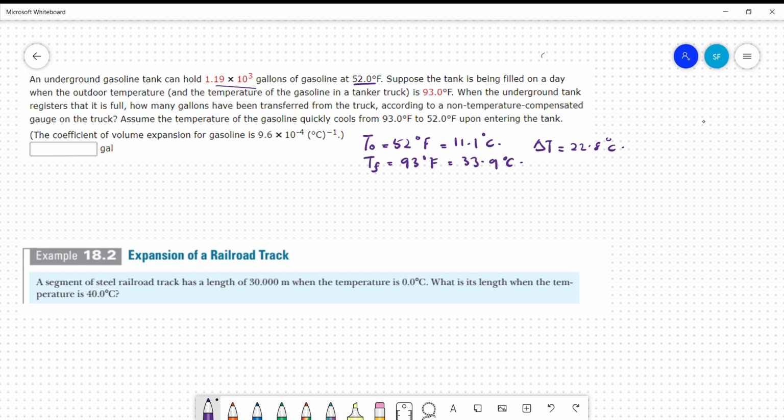Once we fill the tank with the gasoline at 93 degree Fahrenheit, the gasoline will expand. So in this question, we are going to find delta V of the gasoline. We have delta V equals beta V naught delta T. The coefficient of volume expansion for the gasoline is given, in terms of per Celsius, that's why we have to convert the temperatures to Celsius. So beta is 9.6 times 10 to the power of negative 4.